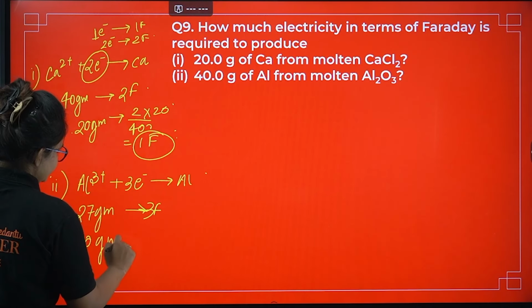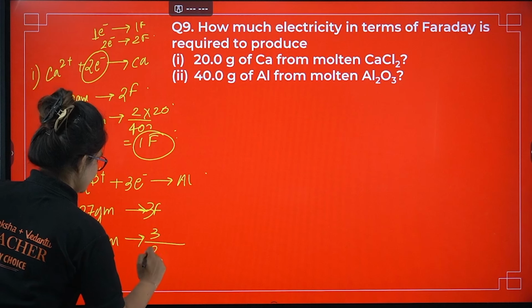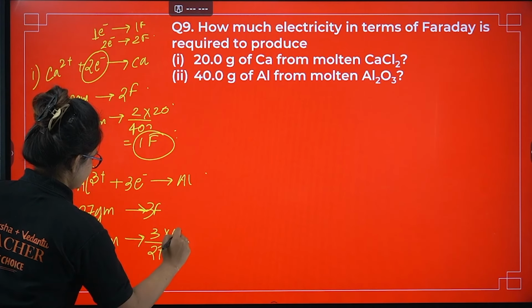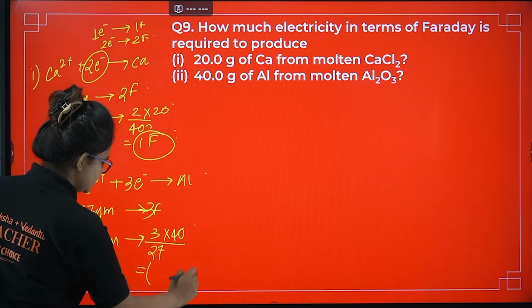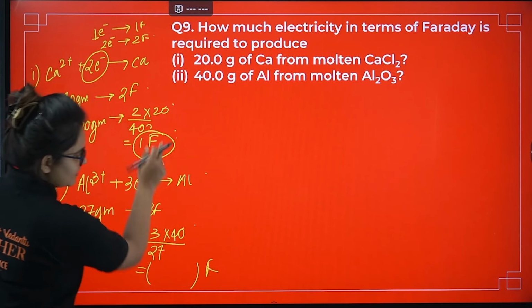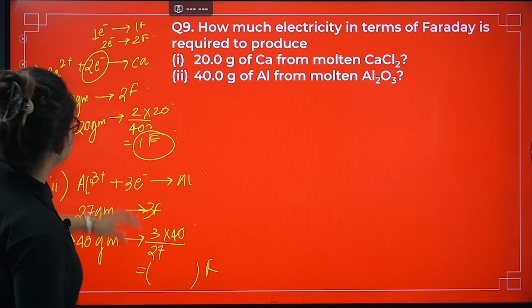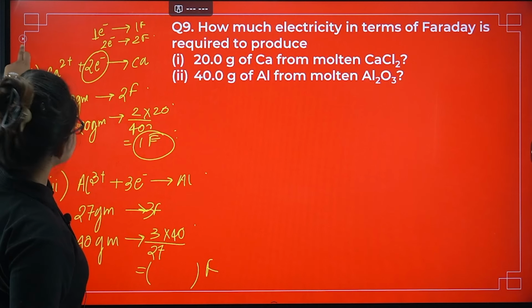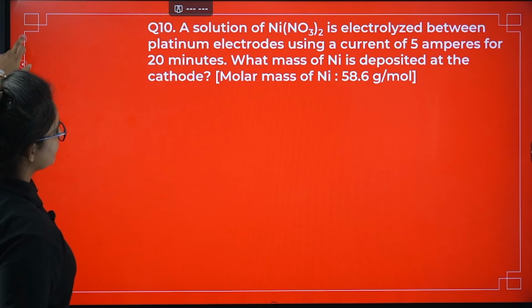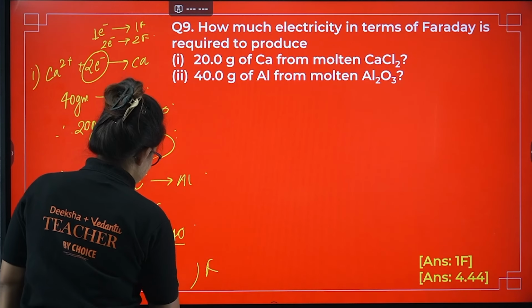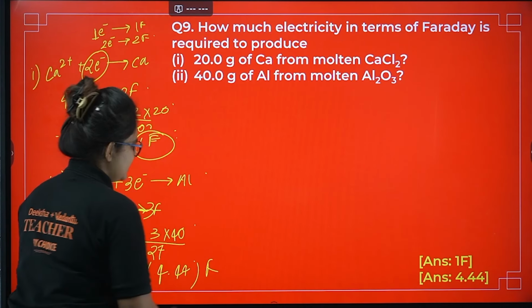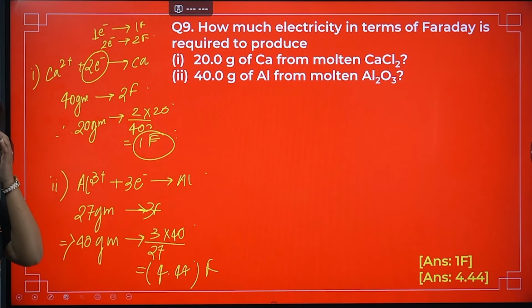So 40 gram will require 3 by 27 into 40. Your answer is basically 4.44 Faraday. I guess this is clear to you.